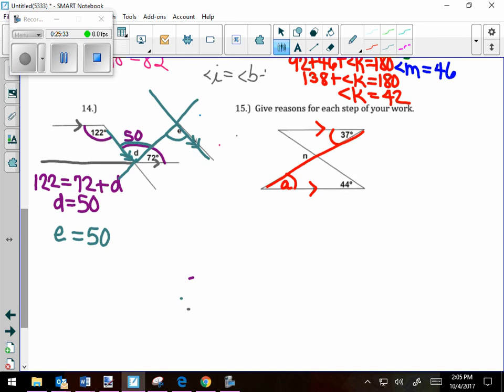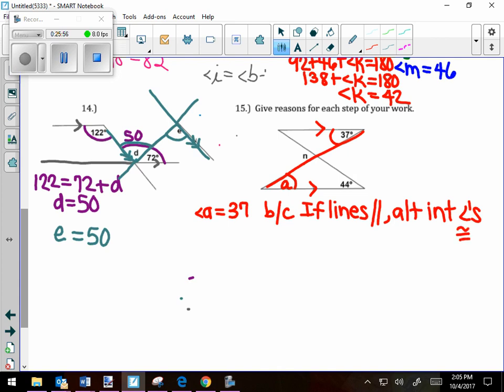So I'm going to call that angle A. And I'm going to write down that I know that angle A is also equal to 37 degrees because, so here's my because, my reason why, if lines are parallel, alternate interior angles are congruent. So I am doing this by saying in this area, here's what I know, here's the reason why I know it. So I find out that A is 37 degrees.